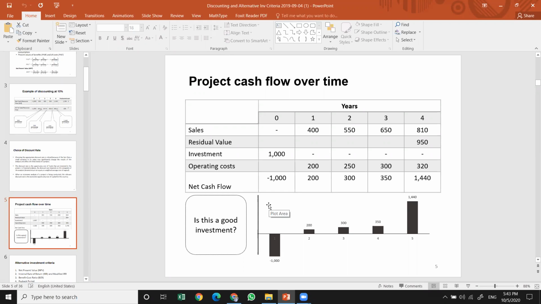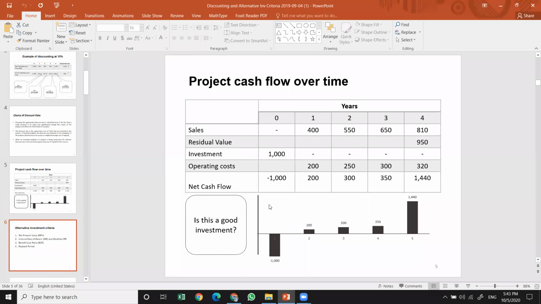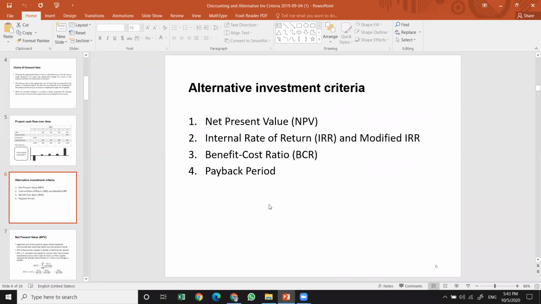And we know how to calculate using some investment criteria that are given here, like NPV, IRR, benefit cost ratio, which is close to the profitability index, and payback period.